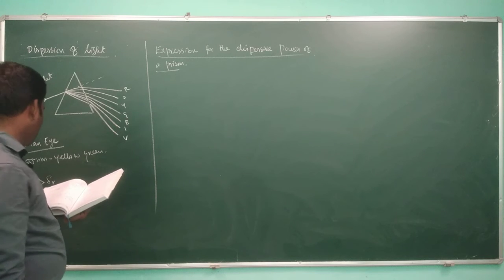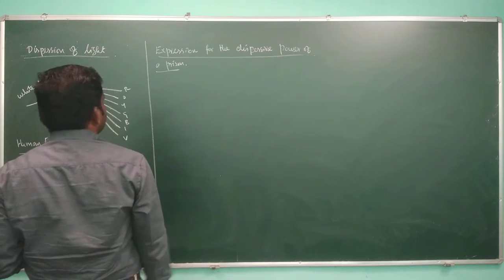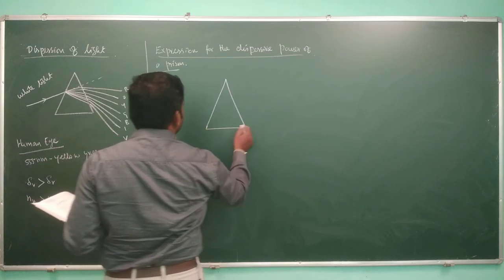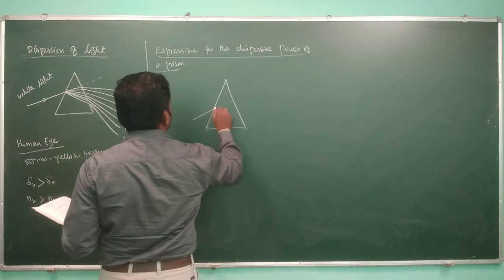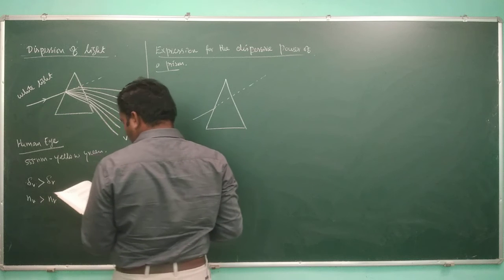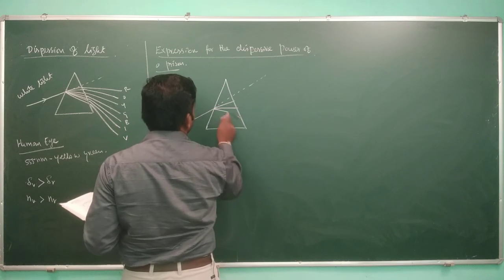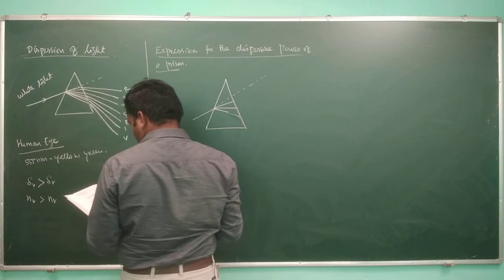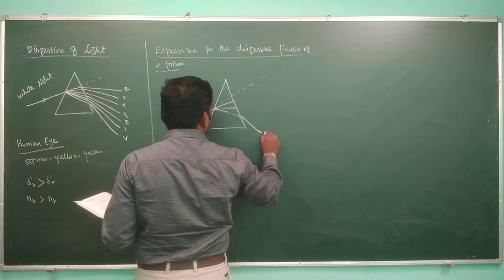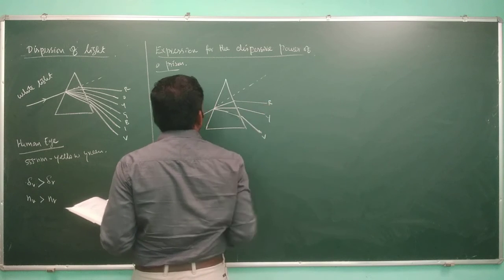Now, in order to find an expression for the dispersive power of a particular prism, let us consider a prism and only 3 colors. So this is the direction for the undispersed light, and let us consider 3 colors: one is violet, another is yellow, another is red.